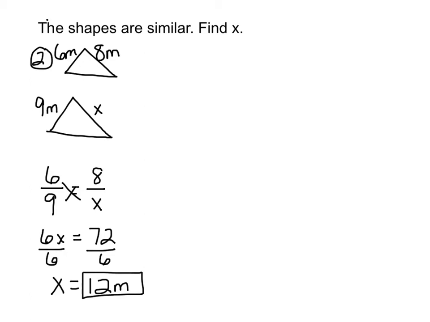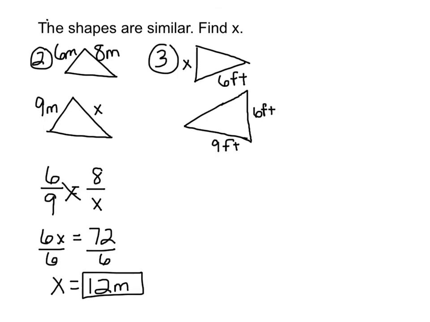Example number 3. We have 2 similar triangles again. So now we have to find the proportionate sides. So we know this side here is proportionate to 9, so we could say 6/9 equals, now remember that if we're starting with 6, that means we're starting with the small triangle.